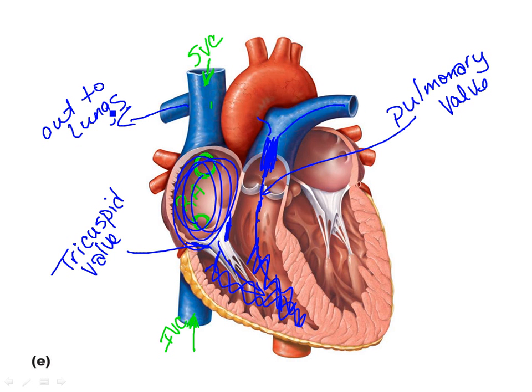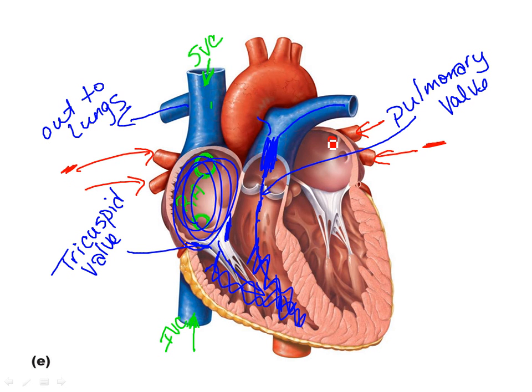Okay? Now what's going to happen when we get out to the lungs? Remembering we're carrying deoxygenated blood, so we go out to the lungs. We drop off CO2, pick up O2. Now that blood is oxygenated again. It's going to be returning from the lungs through your left and right pulmonary veins.